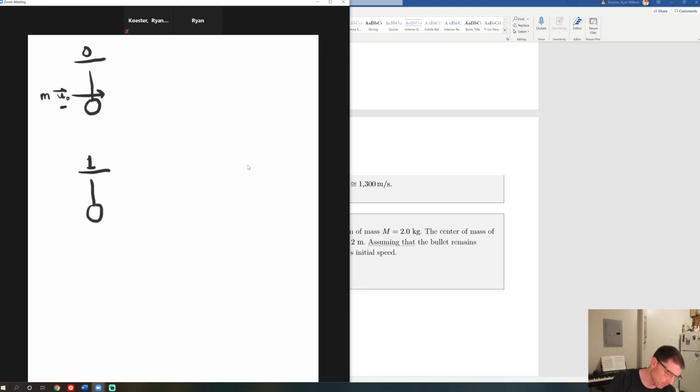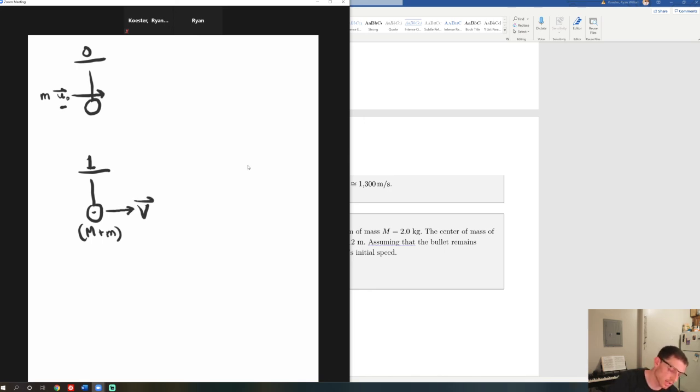So now the bullet is embedded in the pendulum, and this system has mass big M plus little m, right? And so this would be another example of a perfectly inelastic collision. And immediately after the bullet is fully embedded in the pendulum, this is going to have a velocity like this. Let's just call it big V.